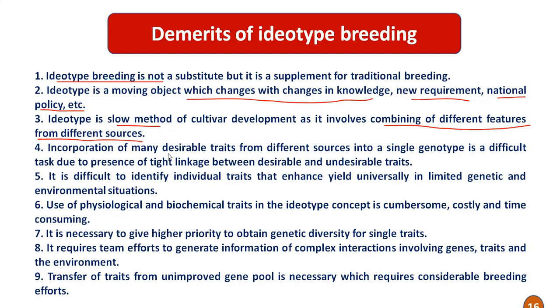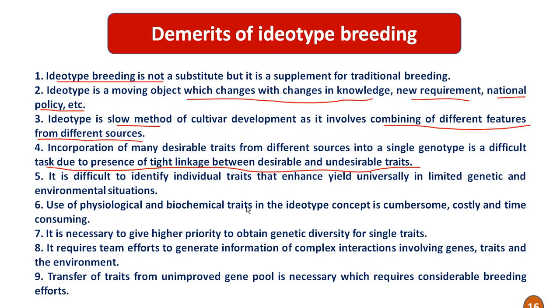Then incorporation of many desirable traits from different sources into a single genotype is a difficult task due to the presence of tight linkage between desirable and undesirable traits. When we transfer the desirable characters from different sources into a single genotype, there is a problem of linkage, and we also call it linkage drag.